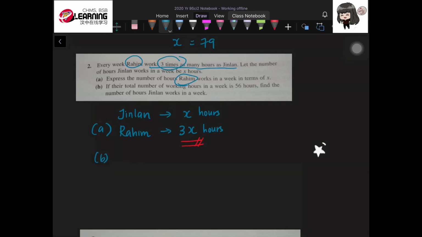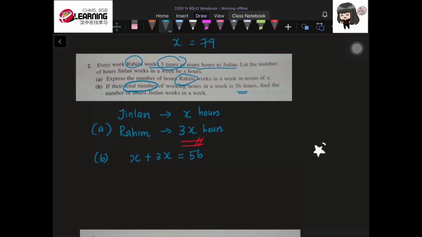Okay, part B. If the total of working hours in a week is 56 hours, find the number of hours Jinlan works in a week. So the total for Jinlan and Rahim will be x plus 3x equals 56 hours. Because it is the total, that's why we add, right?